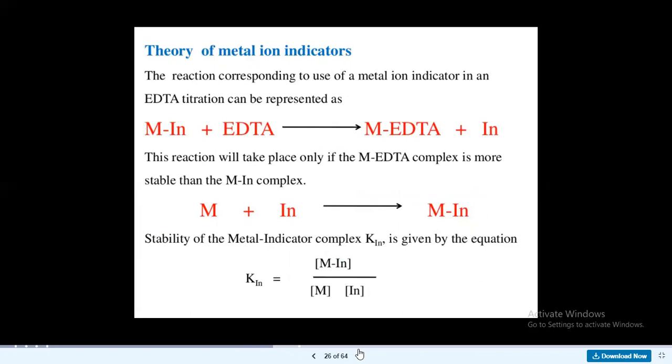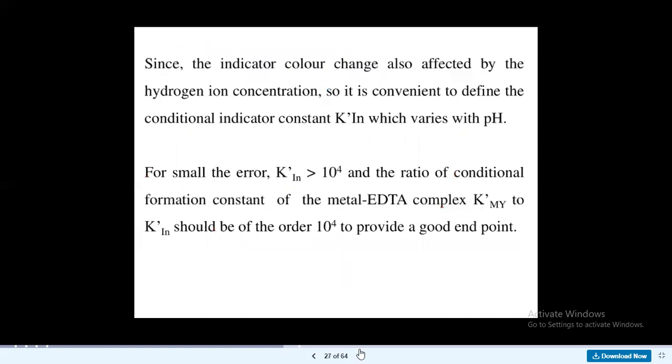Here first the metal forms a complex with the indicator and it is a very weak one as compared to that of metal-EDTA. In the last, the indicator again will be present in the lone form, so it has a different color, and stability depends upon the pH of the reaction. ठीक है, इसको थोड़ा सा पढ़िएगा.